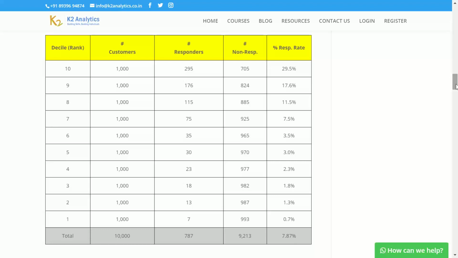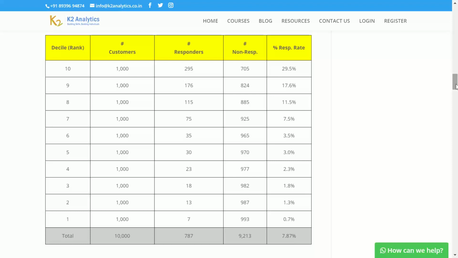What is the number of responders you are going to get based on the model strategy, where you're going to take the topmost two deciles, 10 and 9? How many responders you're going to get, and what is your response rate for the two deciles together? Calculate that, and finally calculate what is the lift you're going to get when you are targeting two deciles vis-a-vis the random strategy.